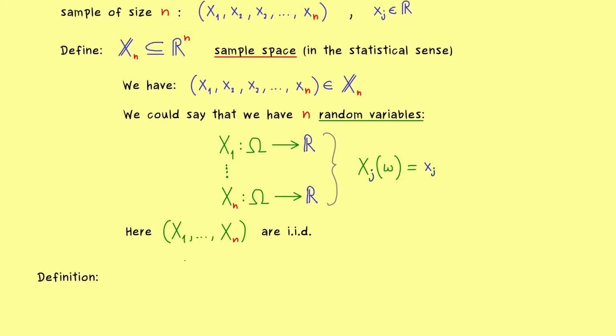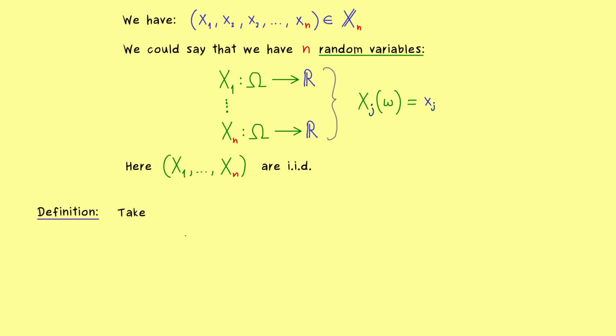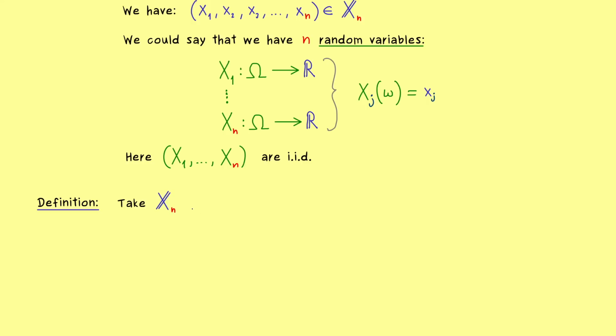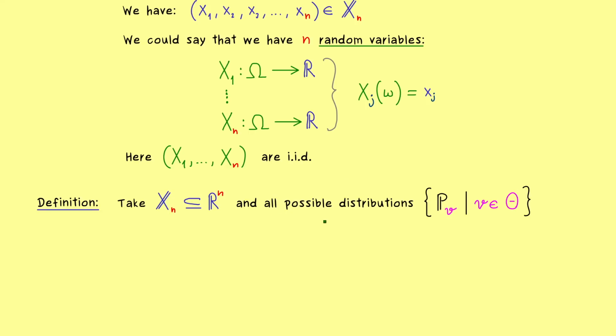So with all that in mind, we can finally define our important definition to model statistics. In short, this is just what we call a statistical model. So first, as before, we just fix the sample space Xn, which could also be the whole Rn. Moreover, we also take the possible distributions for our problem and call them p theta.